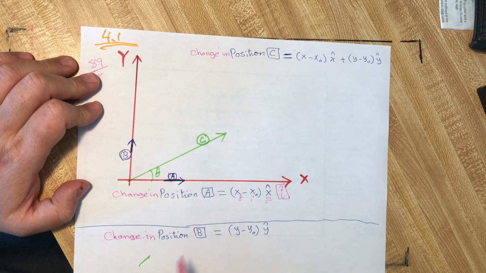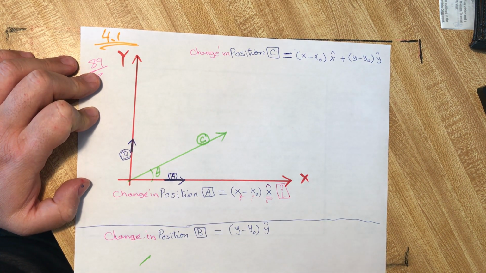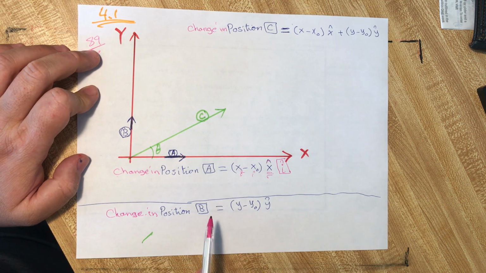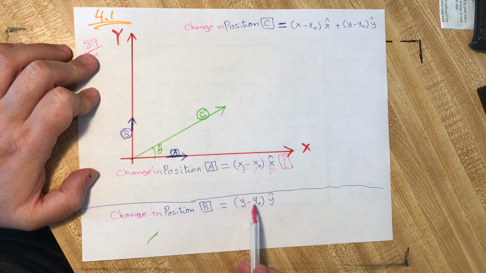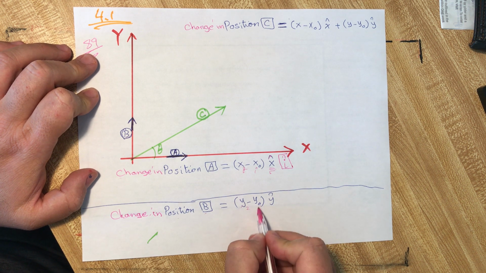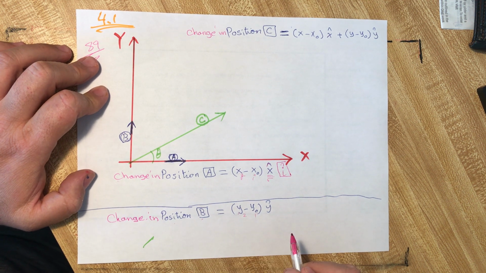Also, the object B is moving along the y-axis. So the change in position for B is y minus y naught, or y2 minus y1, as you like, in y direction.